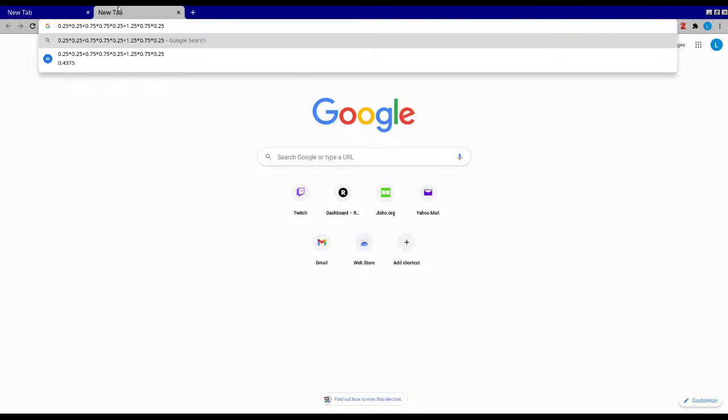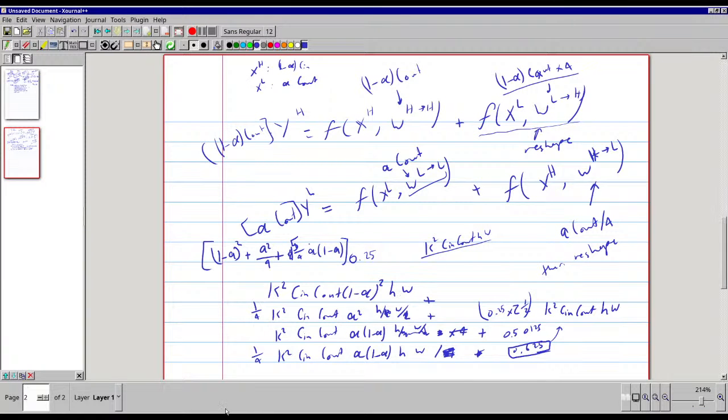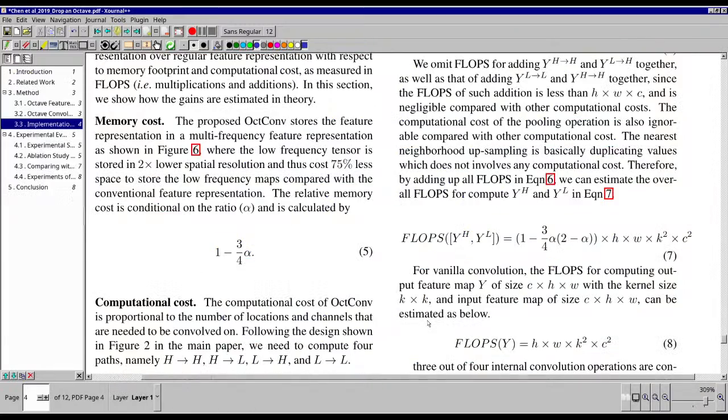Mine is still a bit large. But still, mine makes more sense because it still treats the high.